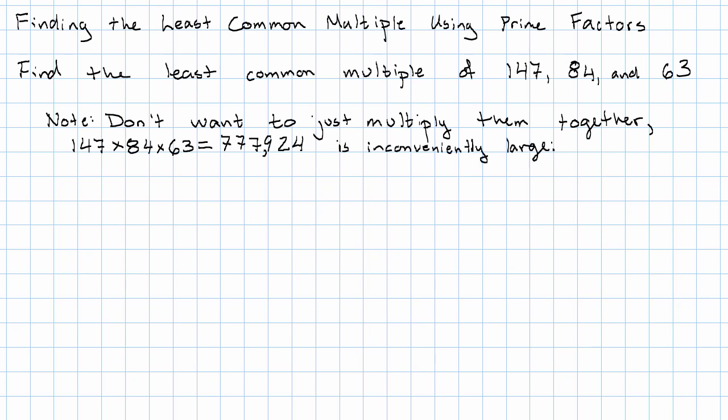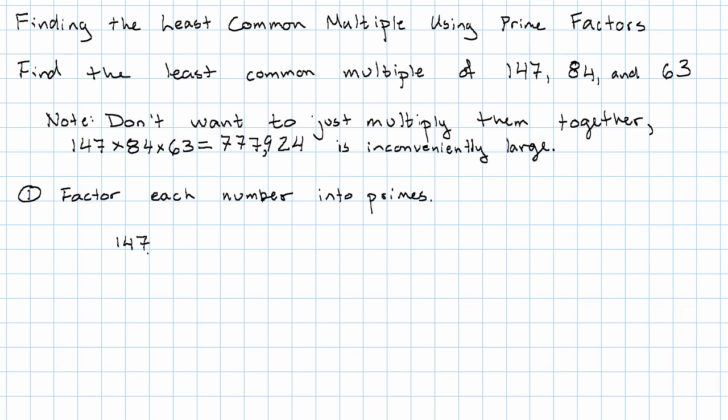So we really do want the least common multiple. Although the numbers we're starting with are pretty large, they're not large like 777,000 is large. So the steps in this method are, first, to factor each number into primes. I'm going to start with 147.